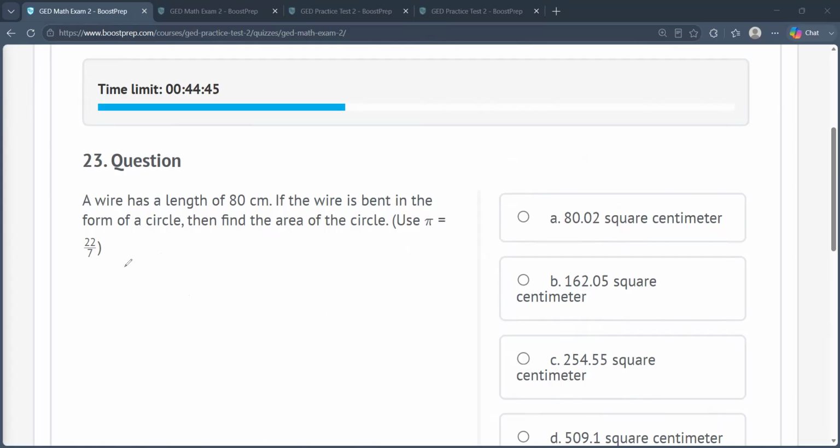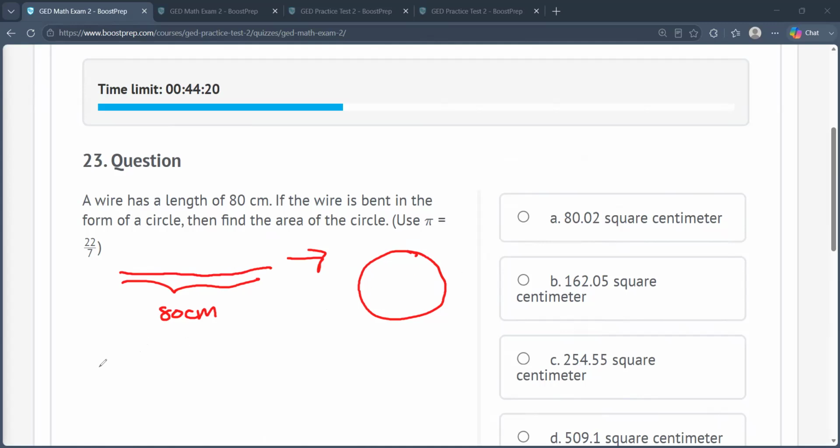So it was a bit strange when I first did this one. Pretend you have this straight horizontal wire and it is exactly 80 centimeters. Then imagine using the same wire and bending it into a circle, but this length is still 80 centimeters. So this is now a circumference.